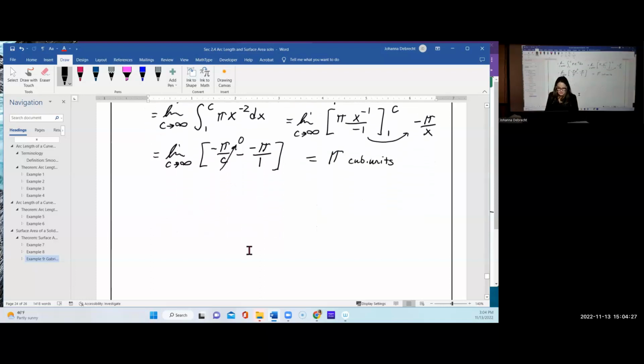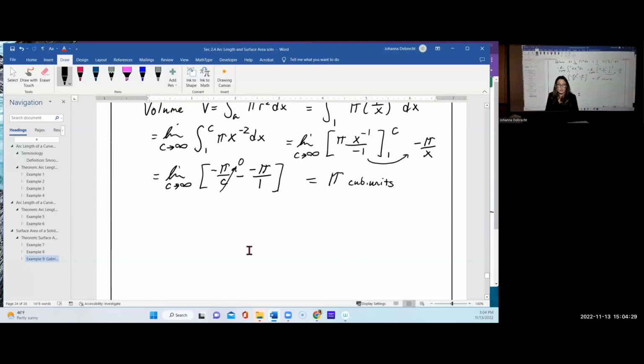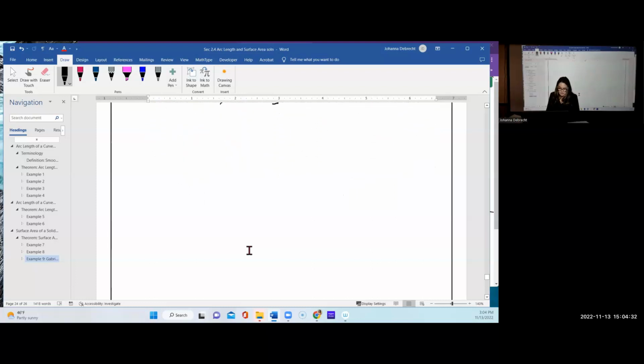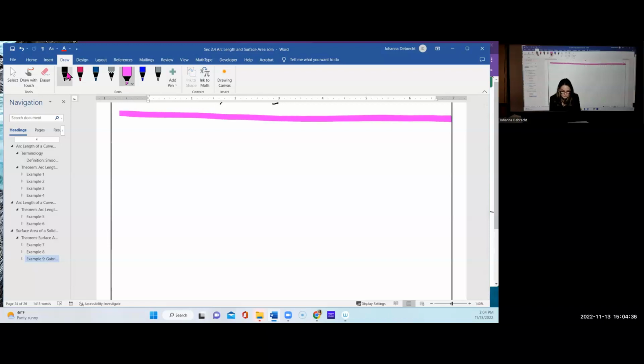Now we want to take a look at Gabriel's horn and look at surface area. So we've done the volume, and now we want to look at surface area. We know that we can fill it with a finite amount of volume. The question is, can we paint it with a finite amount of paint? So again, we want to apply our formula.